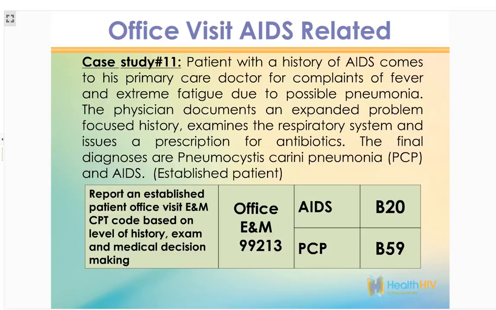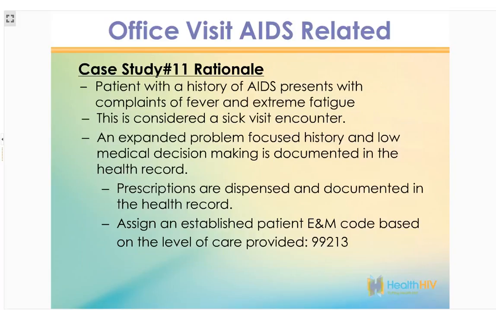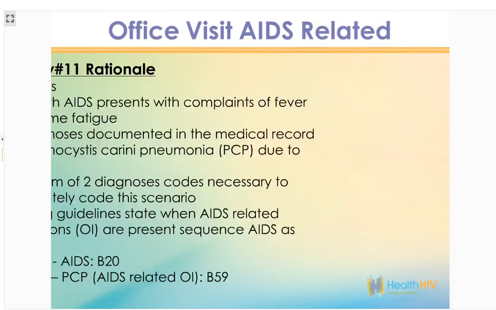Once they have an opportunistic infection, they're now diagnosed with AIDS, so B20 would always be sequenced as the principal with any of those opportunistic infections. Here is the rationale for the codes that we selected.